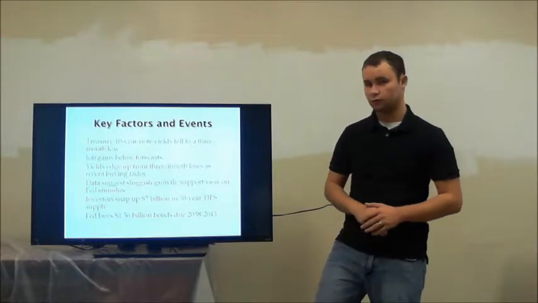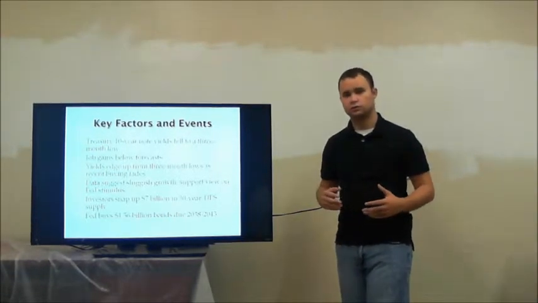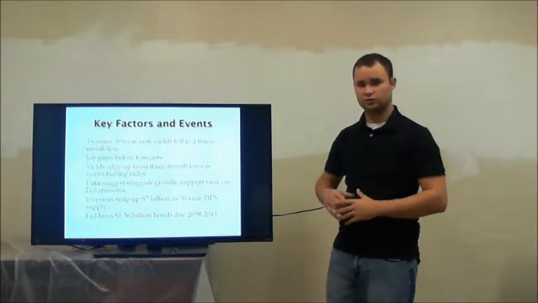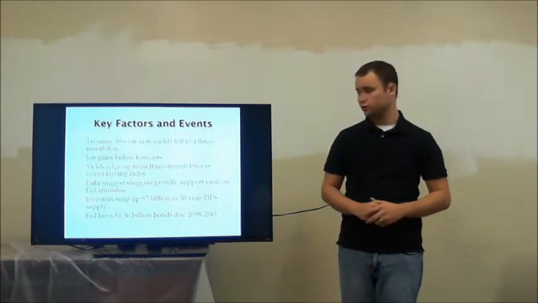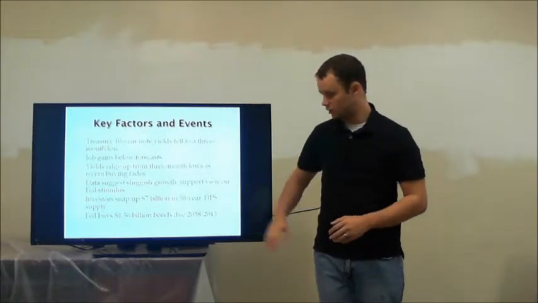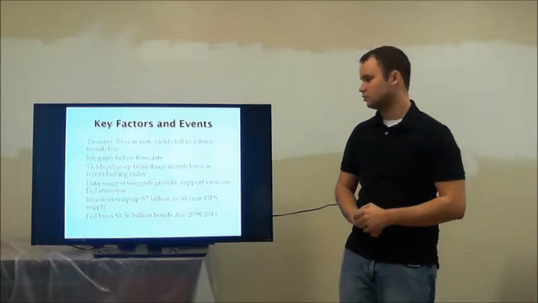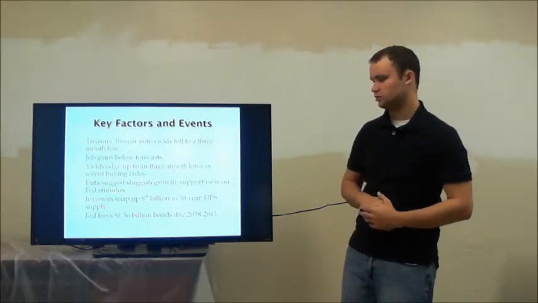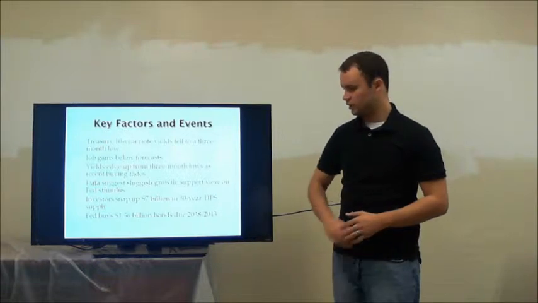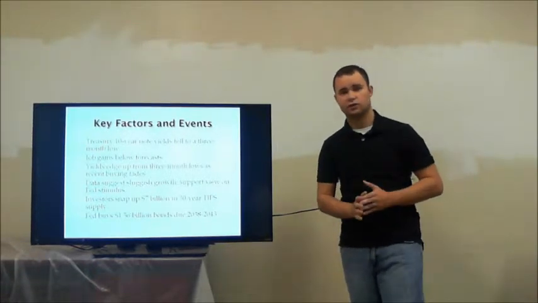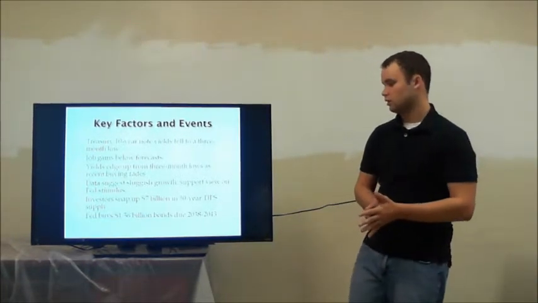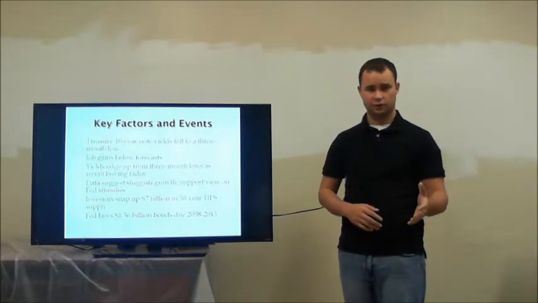This would support our view on the Fed stimulus; we want to push more money in, stimulate our economy. In order to stimulate the economy, our investors have invested up to $7 billion in our 30-year TIPS supply. And then down here, our Fed is also investing another $1.56 billion in bonds that would be due between 2038 and 2043.